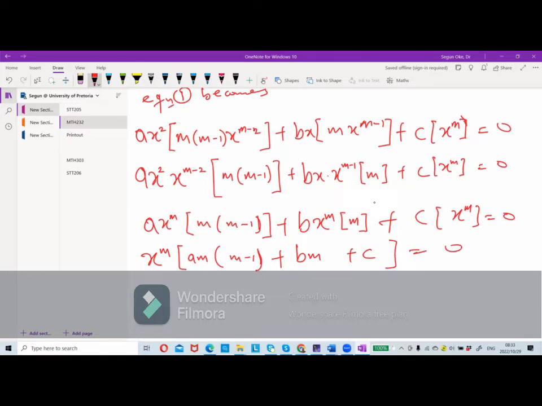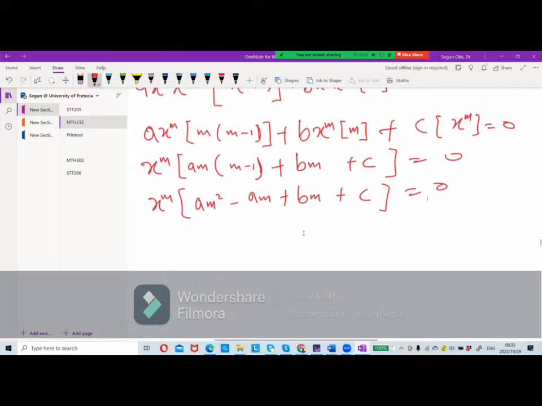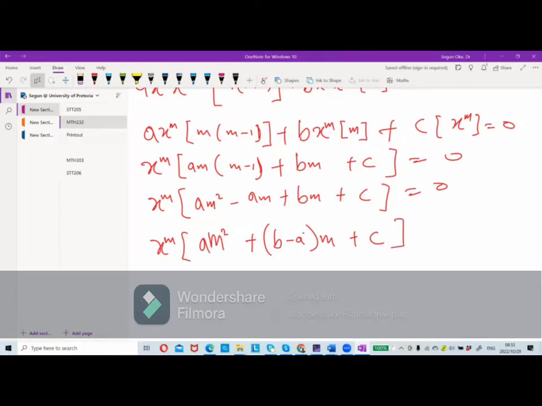So at the end of the day, if I open this bracket, what do I have? s^m into am squared minus am plus bm plus c equals 0. So s^m is also common there. s^m times a m squared plus (b minus a) m plus c equals 0.